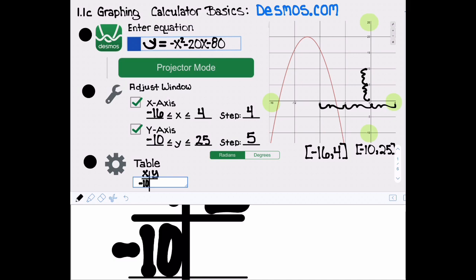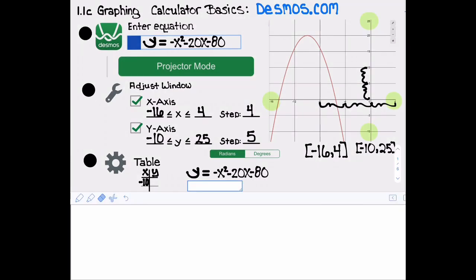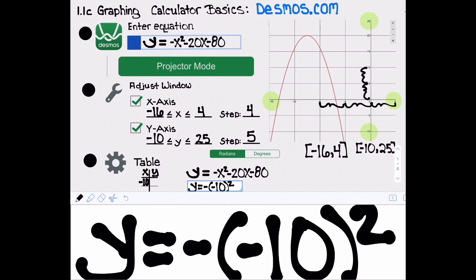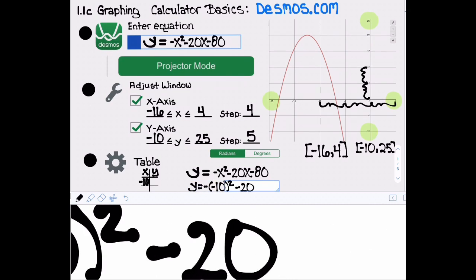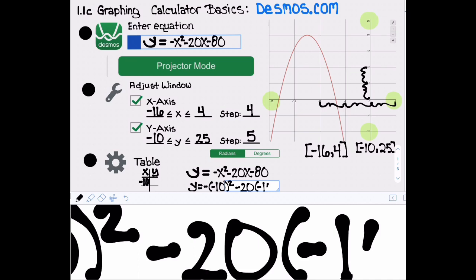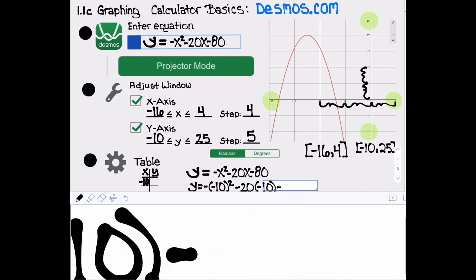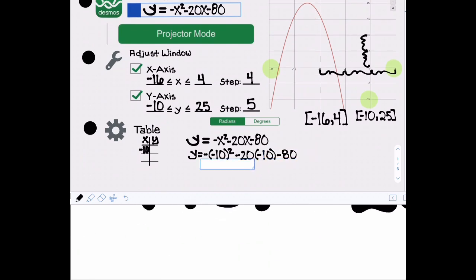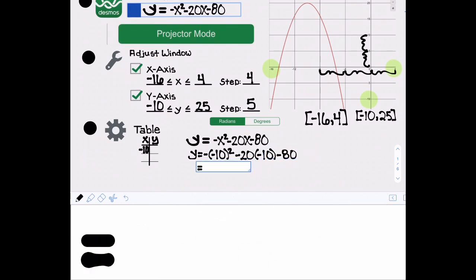So we would grab the equation and replace every x in the equation with the number -10. Simplify using order of operations.